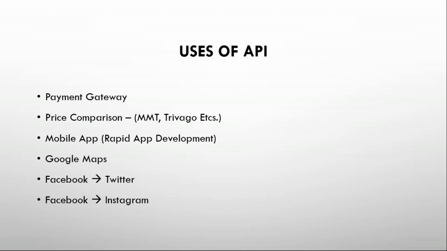The answer is, in today's era, rapid application development is going on. Every day, multiple mobile apps are being launched on the App Store or Play Store, on the Android platform and the iOS platform. Various web applications are being developed.